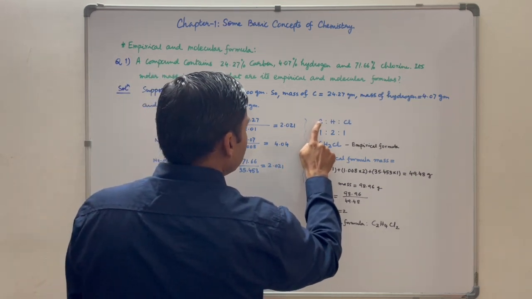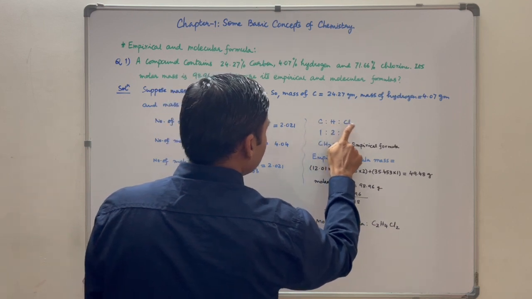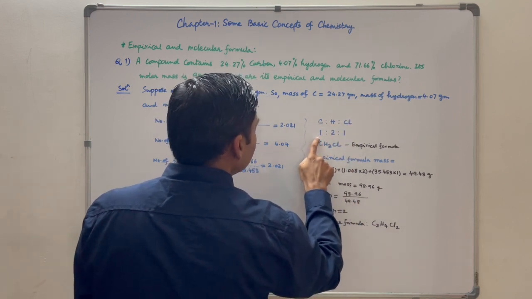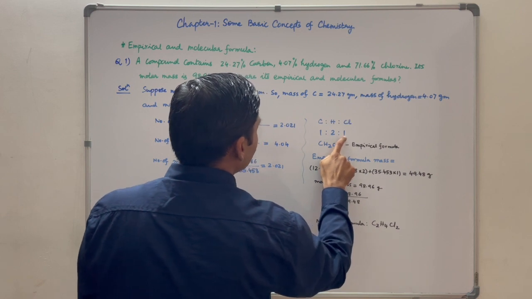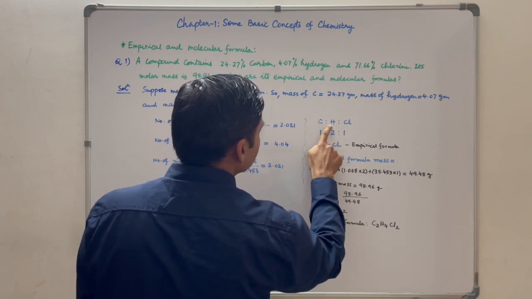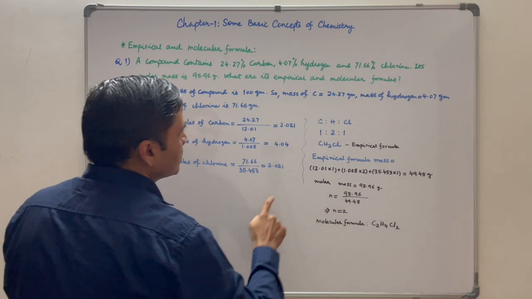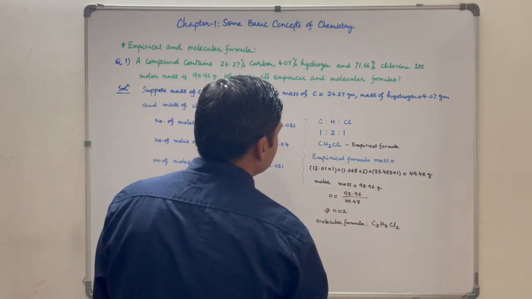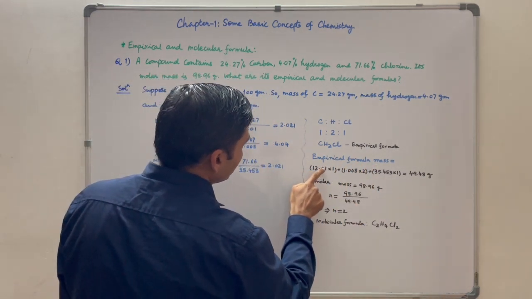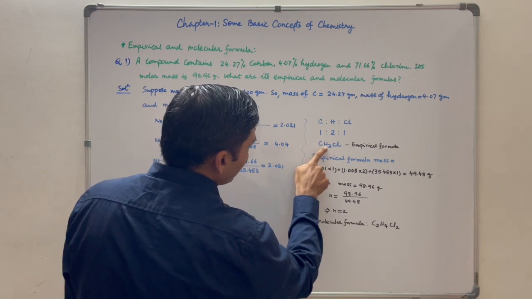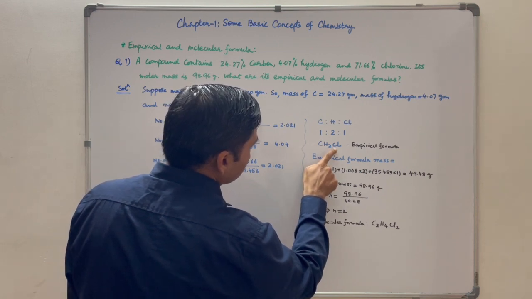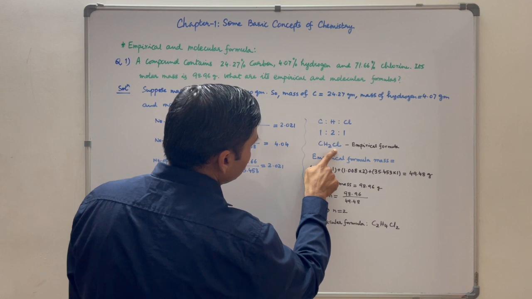So ratio of carbon, hydrogen and chlorine is 1:2:1. So empirical formula will be CH2Cl. Now let us calculate empirical formula mass. So it will be 12.01 into 1 plus 1.008 into 2 plus 35.453 into 1.